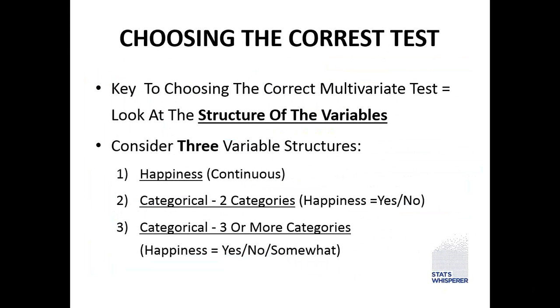One, the continuous variable, such as happiness on a scale of 1 to 5. Two, the categorical variable with two categories, such as happy, yes or no. And then three, the other structure for the multinomial logistic regression would be three or more categories, such as yes, no, somewhat.